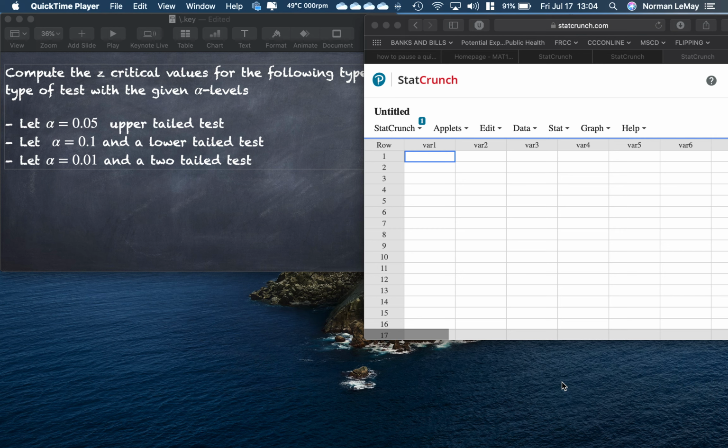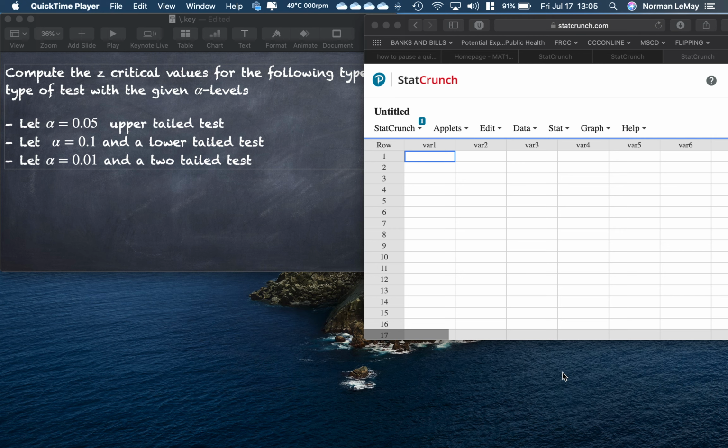If your test statistic is smaller than the critical value, then the test statistic falls in the non-rejection region. So in that case, you will fail to reject. All right, so now let's go ahead and talk about computing these critical values.